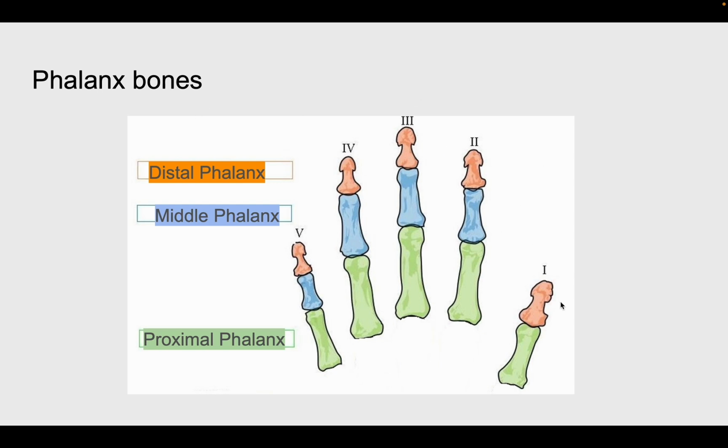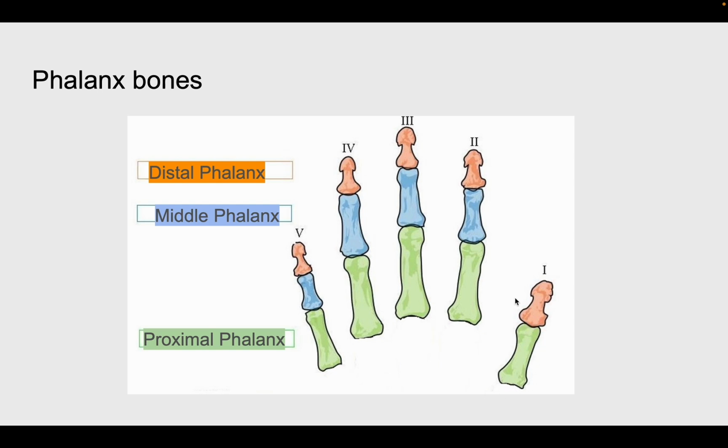The distal again starts from your thumb being 1, pointer 2, middle 3, ring 4, pinky 5, and then the middle phalanx. Always remember that there is no middle phalanx on the thumb. So it would start from 2, pointer finger, 3, middle, 4, ring, 5, pinky, and then the proximal phalanx would be the ones closer to the metacarpals.